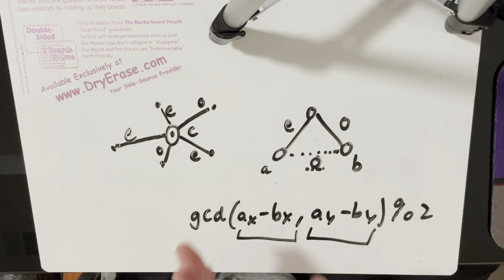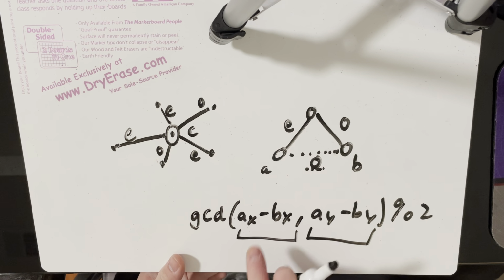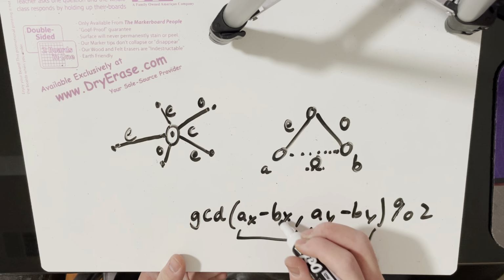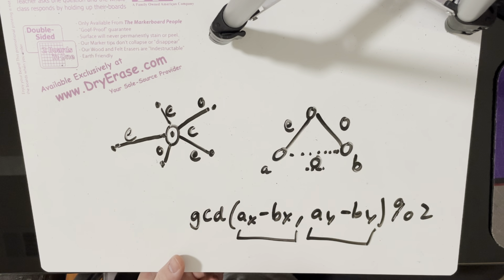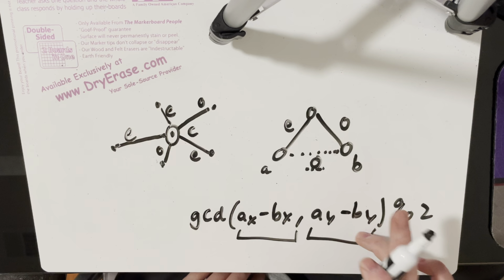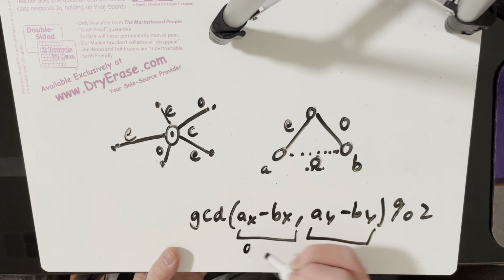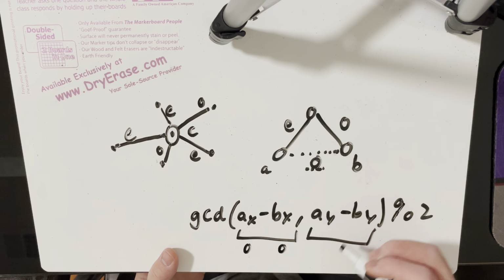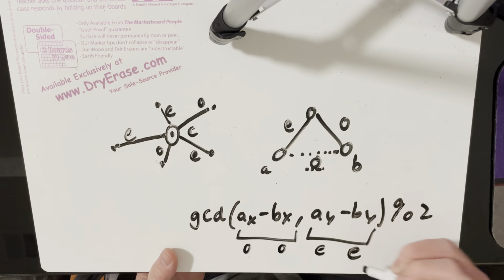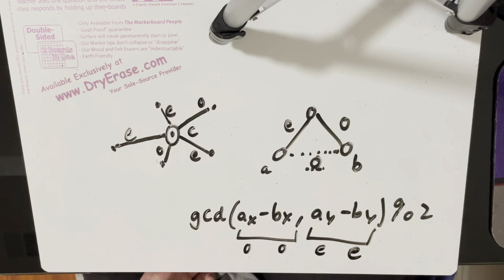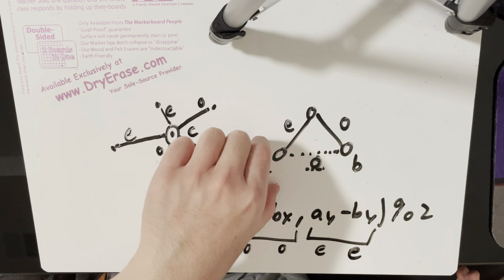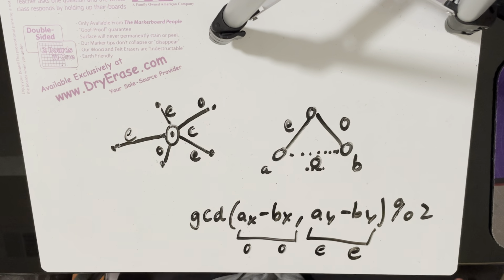The only time that both quantities will be even is when the parities of AX and BX are the same, and the parities of AY and BY are also the same. For example, if AX has odd parity, BX also has to have odd parity. And if AY has even parity, then BY has to have even parity. That's the only way we can guarantee that the number of lattice points on this line from point A to point B is an even number.